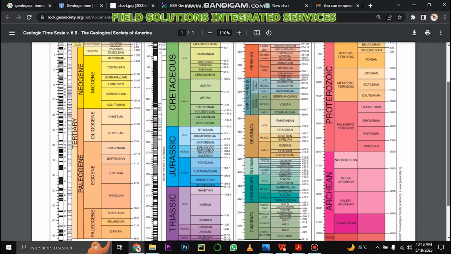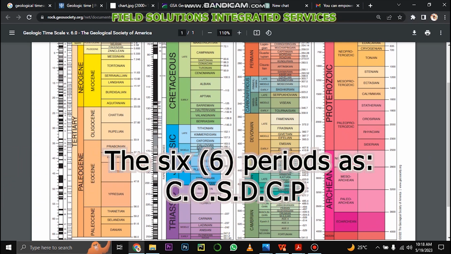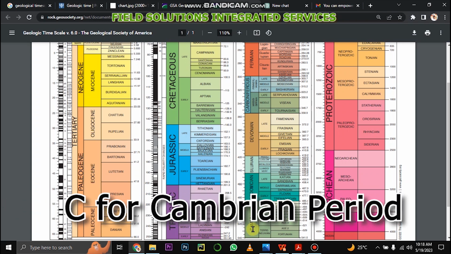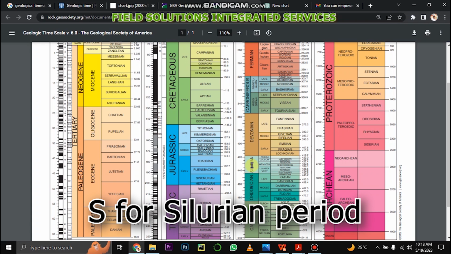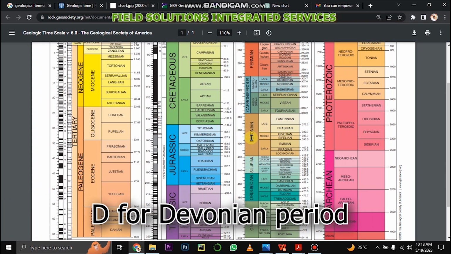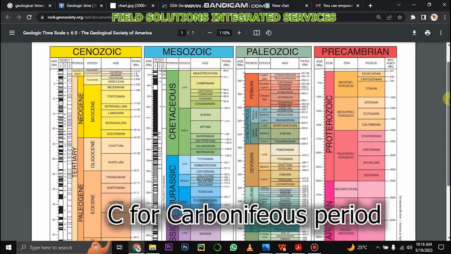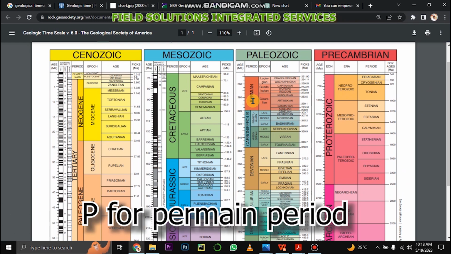Now you can represent this easily by saying COSDCP. That is C represents Cambrian, Ordovician O, Silurian S, Devonian D, Carboniferous C, and Permian P.